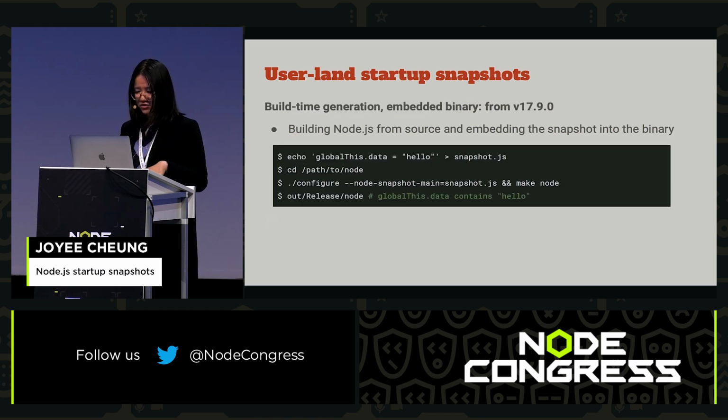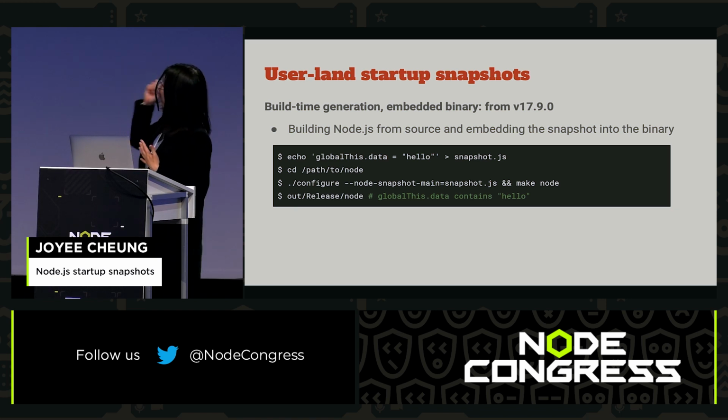And currently, there are two ways to generate the userland snapshot. The first is the tougher one, which is building Node from source with the --node-snapshot-main configure option, which tells the toolchain to generate a snapshot using the provided user script and replace the default snapshot with a custom snapshot. The final node executable would contain the user snapshot.